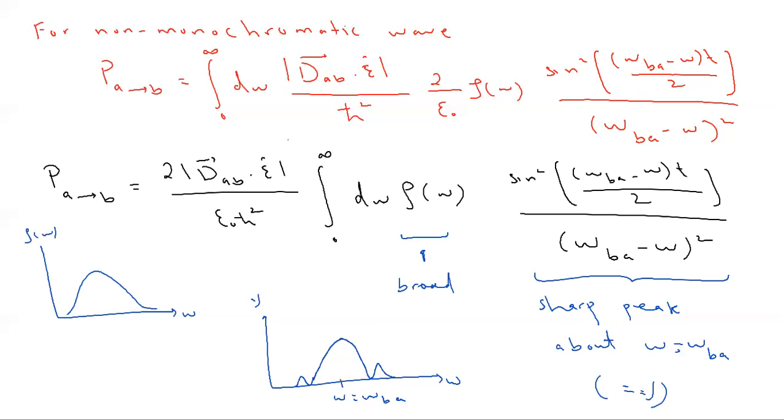We can employ a very important trigonometric property of the sine function, but to employ that property, we have to convert this integration from zero to infinity, to minus infinity to plus infinity rather than 0 to infinity.